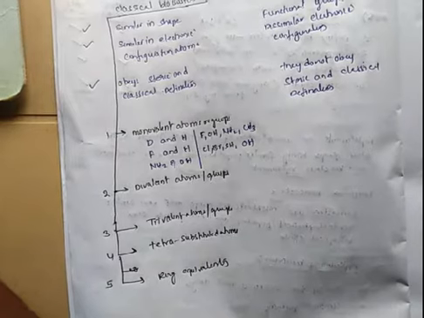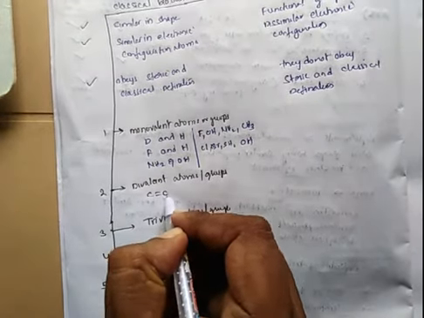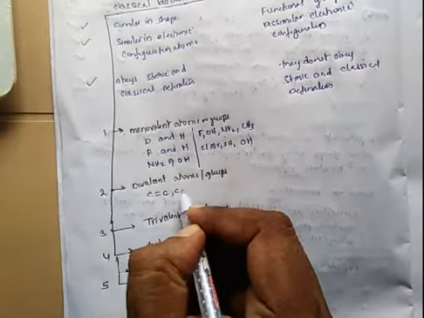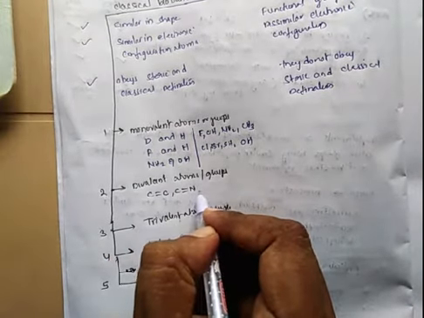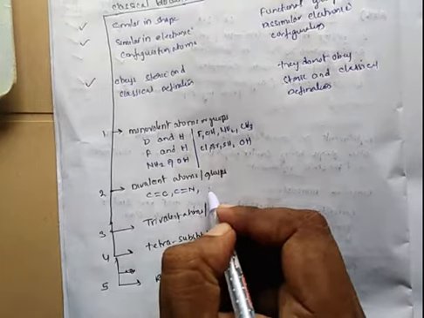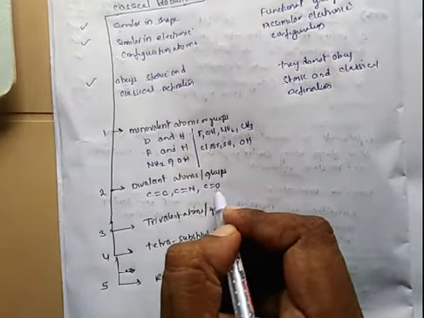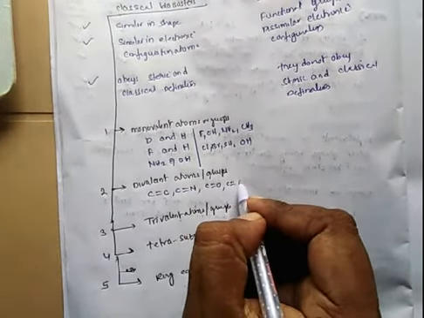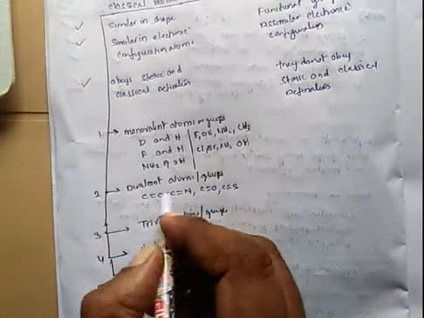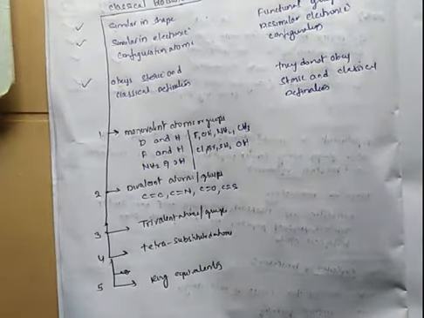Examples for the divalent atoms are carbon double bond carbon, carbon double bond nitrogen, carbon double bond oxygen, and carbon double bond sulfur. This is the first set of classical bioisosteres under divalent atoms.